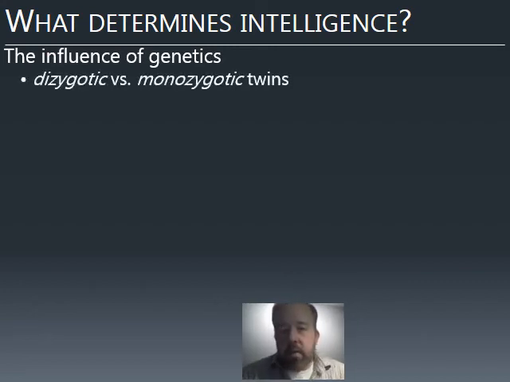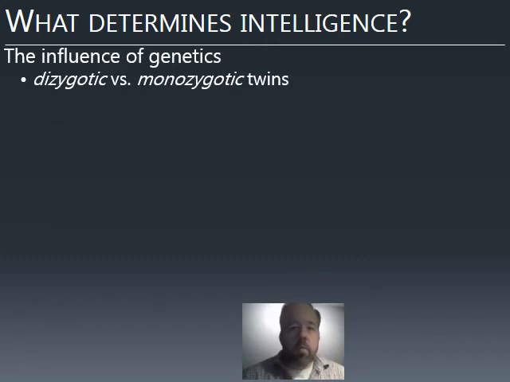And we know this from studies involving dizygotic and monozygotic twins. And we talked about twin studies a few lectures ago when we were looking at heritability of traits. Here, dizygotic means fraternal. So if you know fraternal twins, they are dizygotic. And the reason it's named that is that the zygote is the fertilized egg. And dizygotic twins developed from two separate eggs fertilized by two separate sperm.